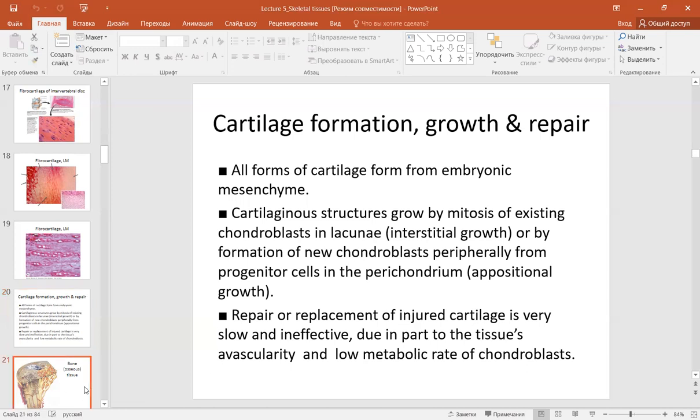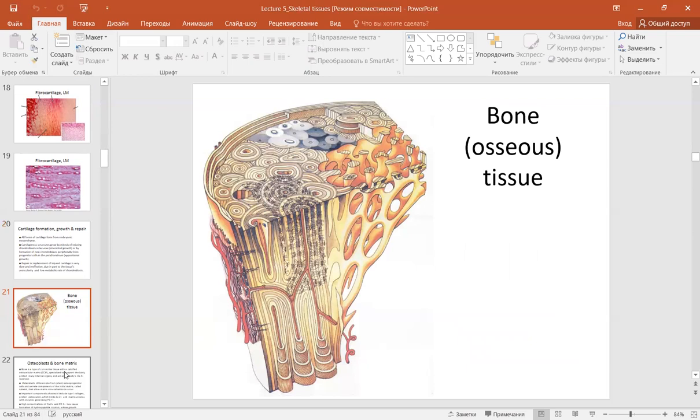The next item for today's presentation is the bone tissue, or the osseous tissue.